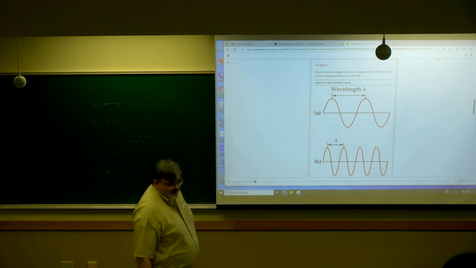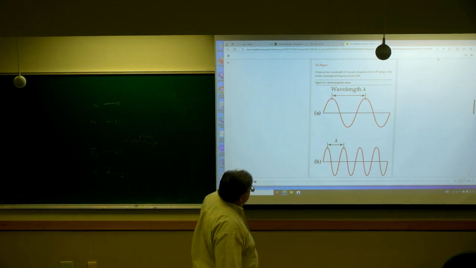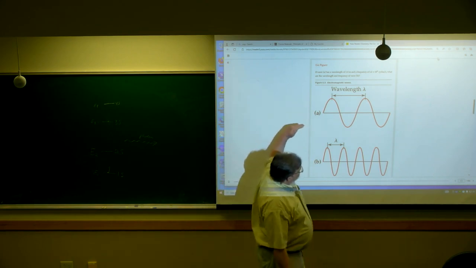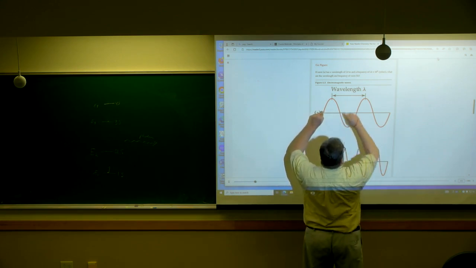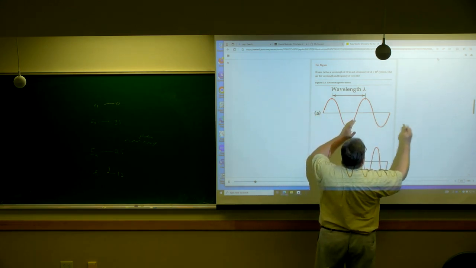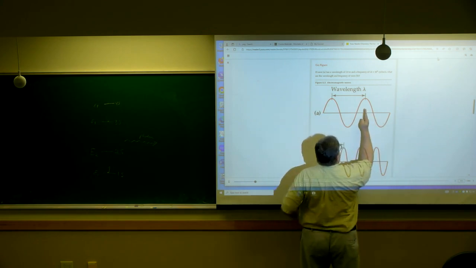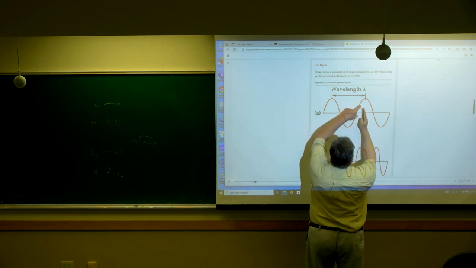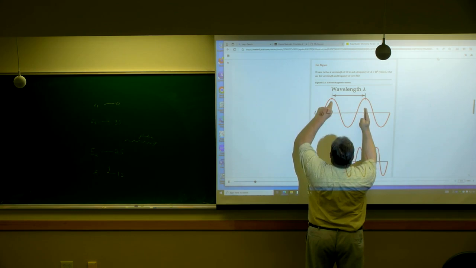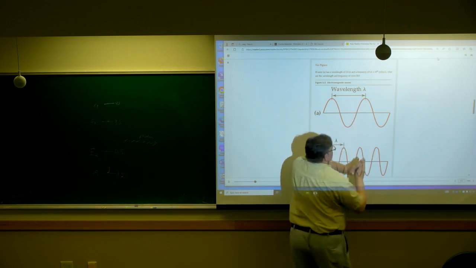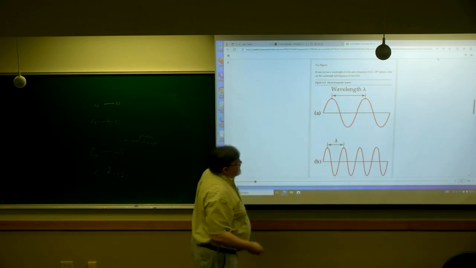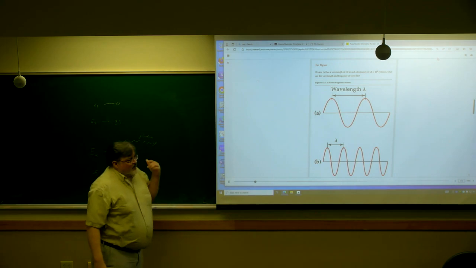Frequency means cycles per second. So this is traveling along at the speed of light. And if you pictured this whole red line shifting to the right, and let's say I had kept my hand right here and it started to move to the right, the time it takes for this to end up here, if this red line was moving, however many seconds that takes, that's cycles per second. That'd be one cycle in X number of seconds.